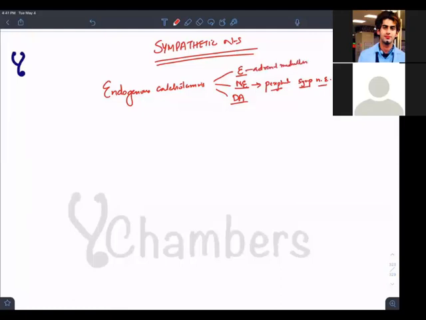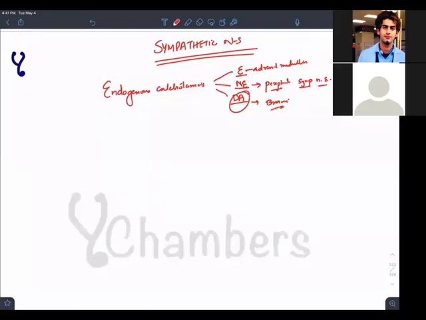And dopamine is produced in the brain also. I hope you know this. That's why we were talking yesterday about what disease? Parkinson's disease.